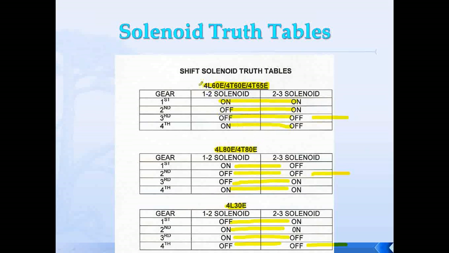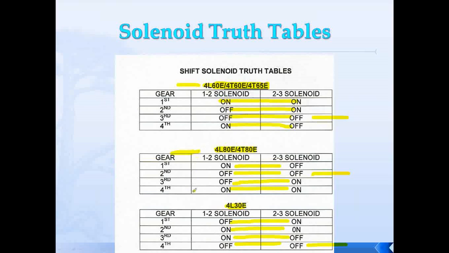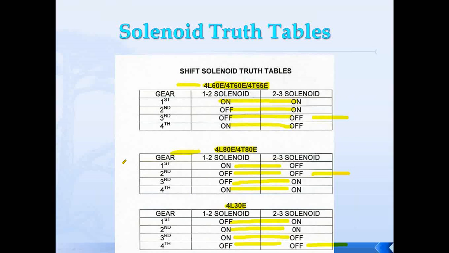But the point is that there's a common denominator between all the 60 series transmissions with their firing sequence and their default range, and then there's a common denominator between all the 80 series transmissions with their firing sequence and their default range. And of course, the 4L30E is out on its own. So what you're seeing here is actually what you would have as your command status for your solenoid assemblies themselves.